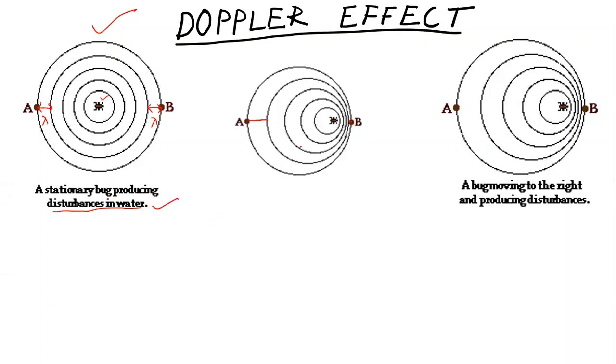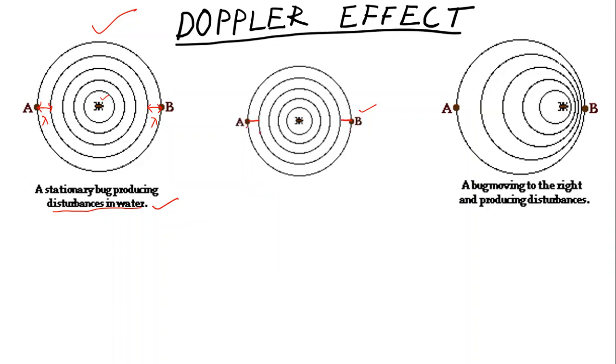Now if the bug is moving forward towards the observer B and away from the observer A, then there is a change in the distance between these consecutive wavefronts.